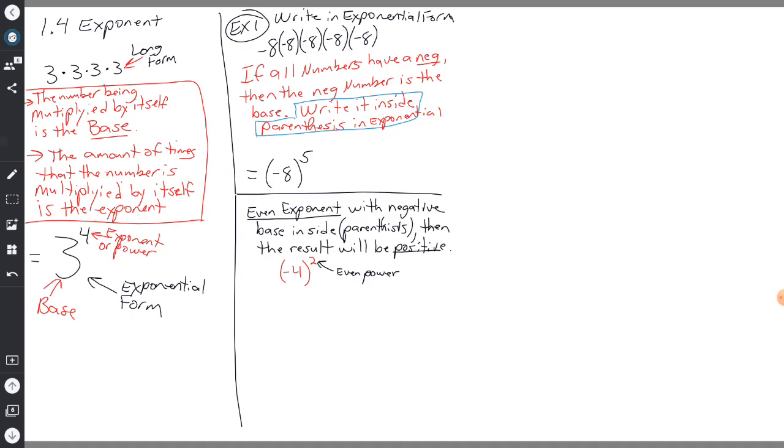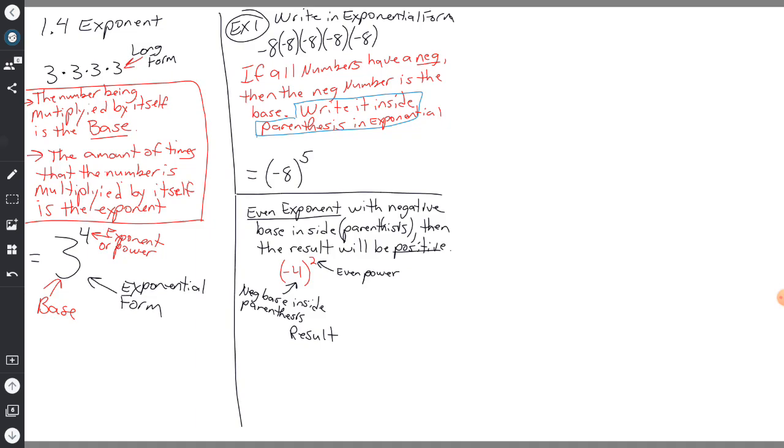So since it's an even power and we have a negative base inside of parentheses, the result is going to be positive.